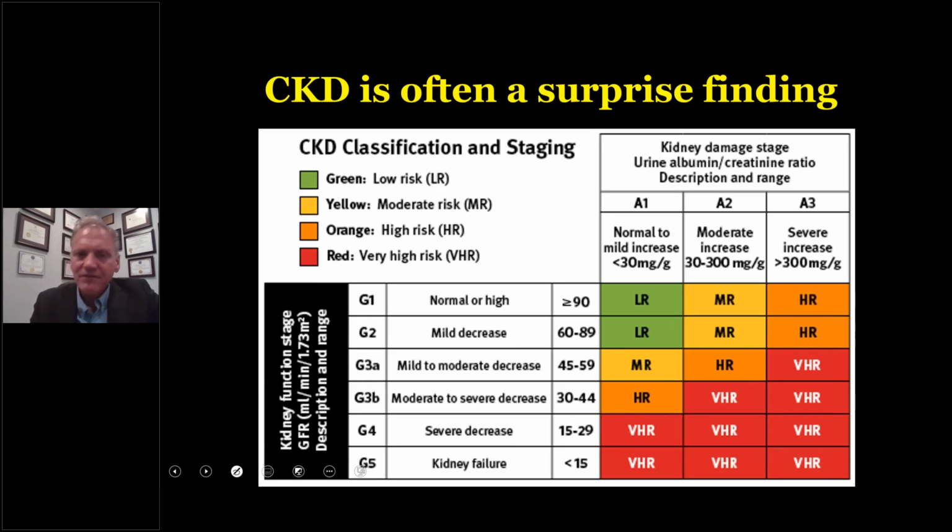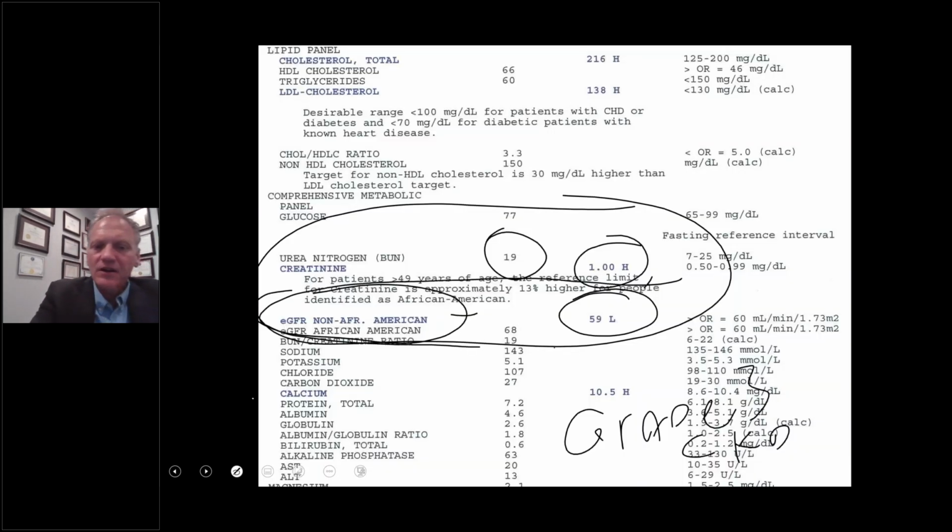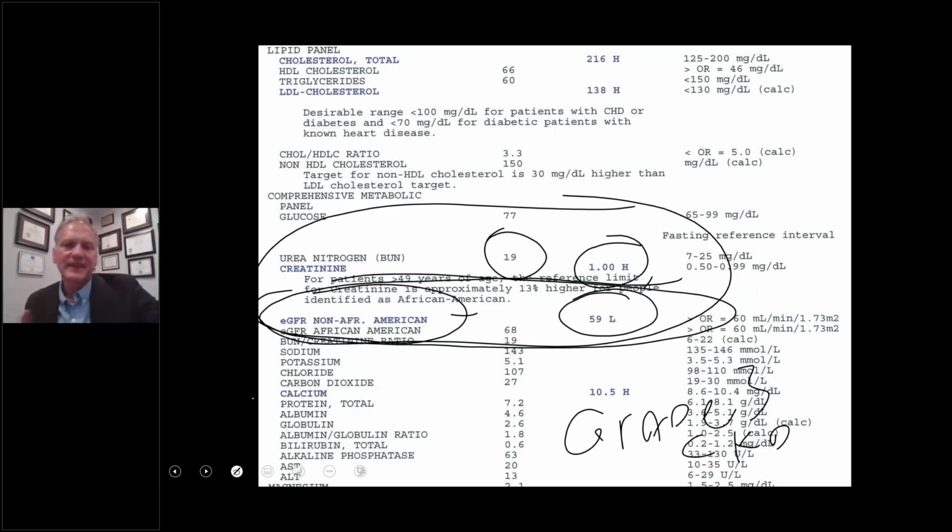All right. But when you have a GFR, glomerular filtration rate, that's lower than 60, the very next test you want to run is called a 24-hour microalbumin urinalysis, because that will give you an indication of the severity of the kidney problem.